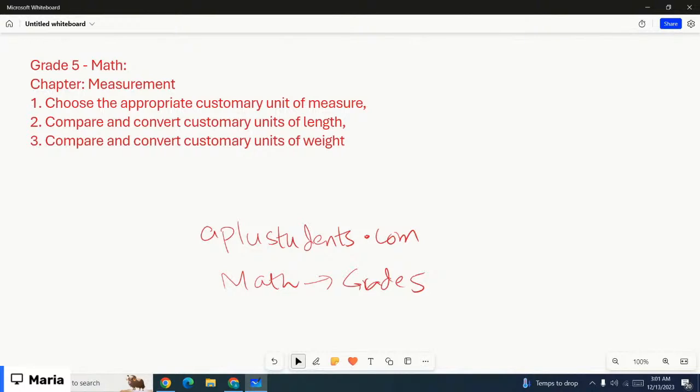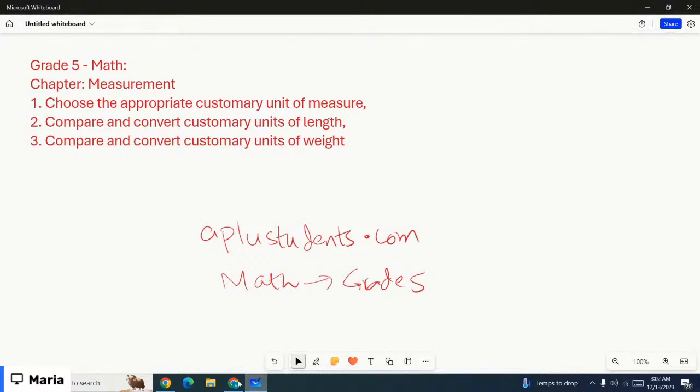We're going to start with the chapter measurement, and the lessons we're going to cover today are: choose the appropriate customary unit of measurement, compare and convert customary units of length, and compare and convert customary units of weight.